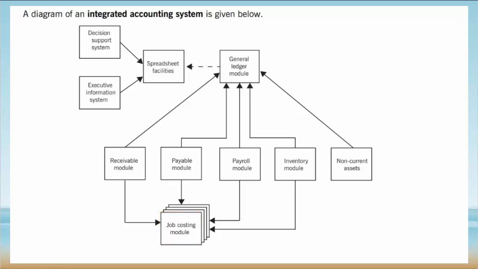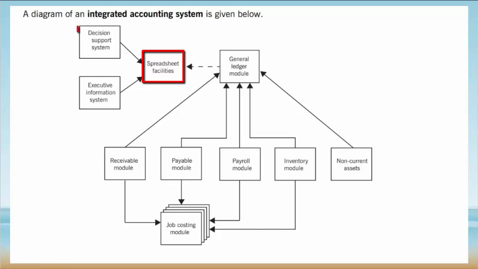Above the general ledger, you see spreadsheet facilities with a two-way dashed connection. This shows a controlled bridge for analysis and planning. Actual results can be exported from the general ledger into a spreadsheet for modeling, charts, and ad hoc analysis. Budgets and forecasts prepared in the spreadsheet can be imported back into the system, becoming targets that your reports compare against. Feeding those spreadsheets are two management layers.